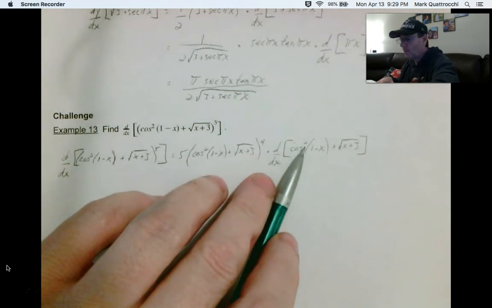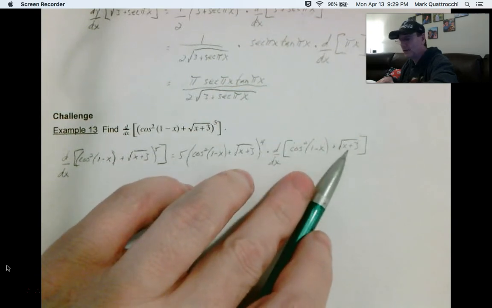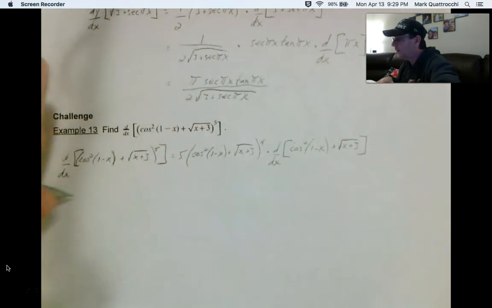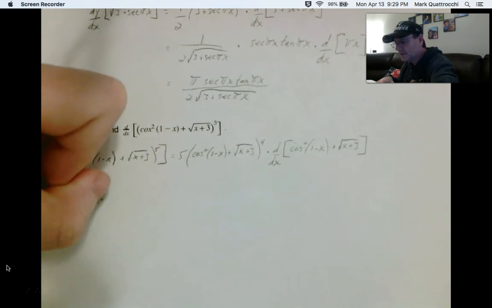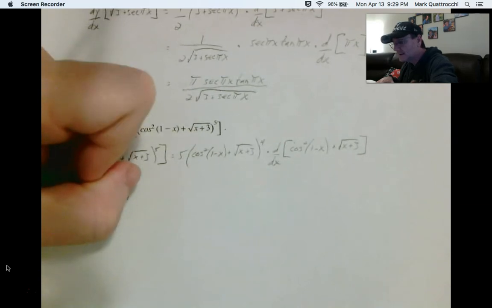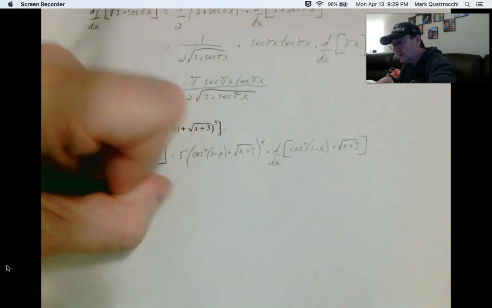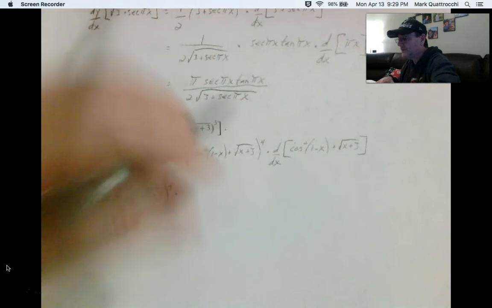Power rule, chain rule, chain rule, power rule, chain rule. A lot going on here. So let's carry down. I'm actually going to slide over the 5, cosine squared 1 minus x plus square root of x plus 3 to the 4th times.